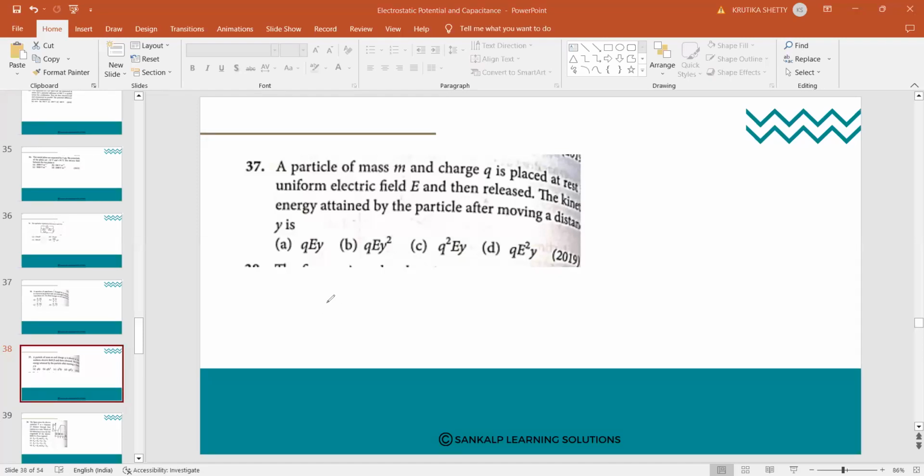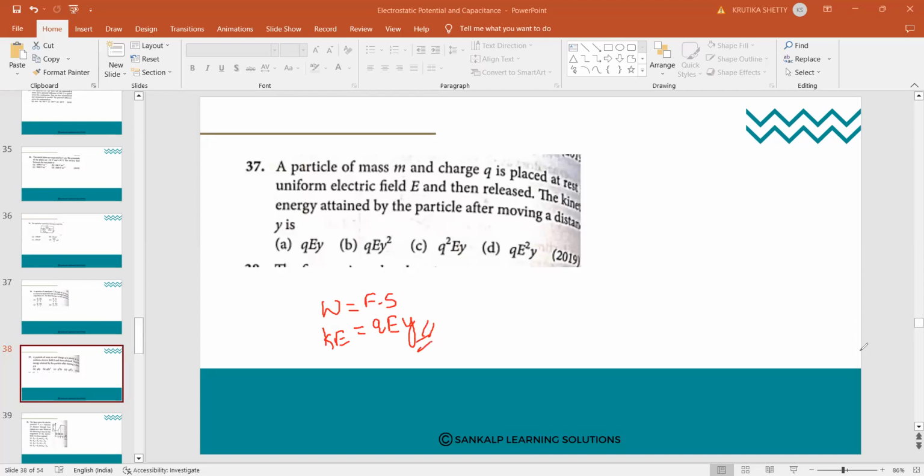Or else we might have followed different steps. Here we can go for work done is equal to force into displacement. Force is equal to qE, according to the electric field definition. Displacement is given here as y, and this work done we can take as energy stored, that is kinetic energy.